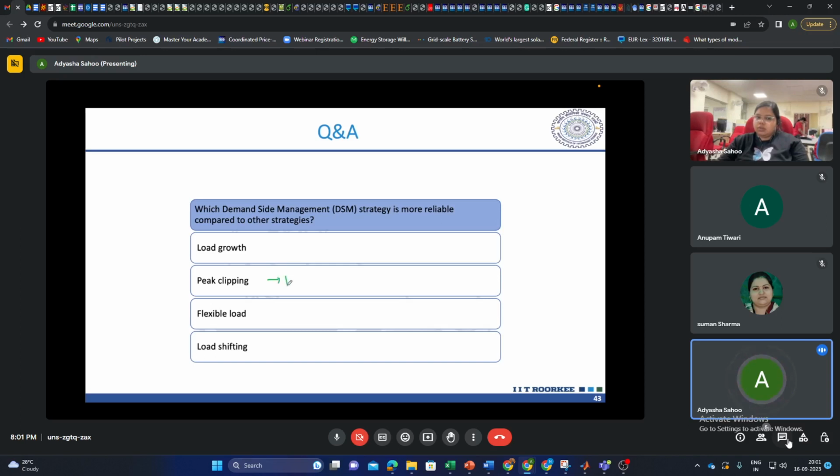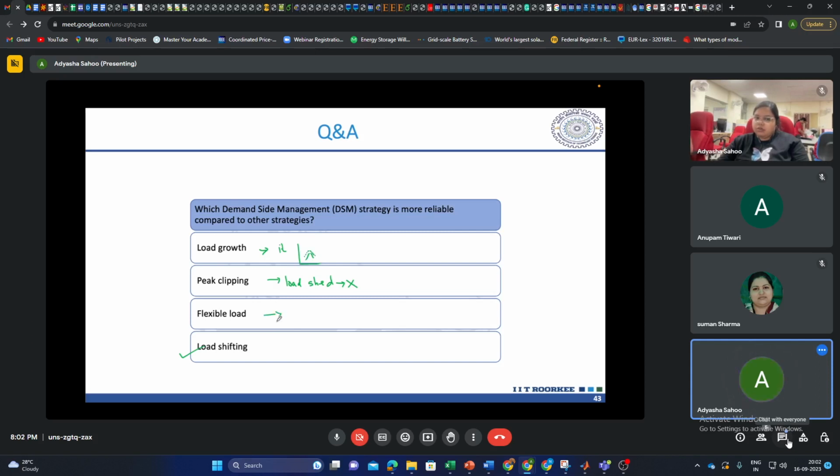This is basically load shedding, which is always not desirable. Then load growth, so this is answer D. Load growth is not always possible, or it cannot happen in a very short instance of time that the load will vary or grow.